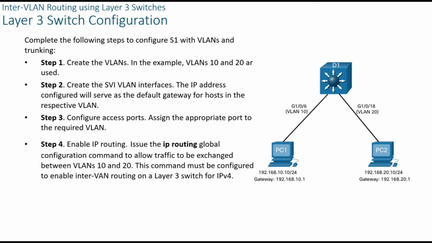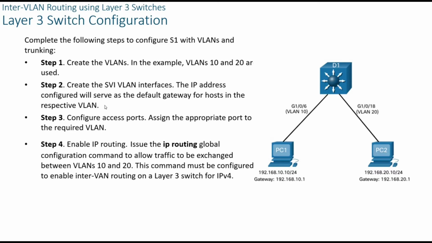So the steps for configuring S1 with VLANs and trunking. First, create the VLANs, for example VLAN 10 and 20 in this example, and create the SVI VLAN interfaces.